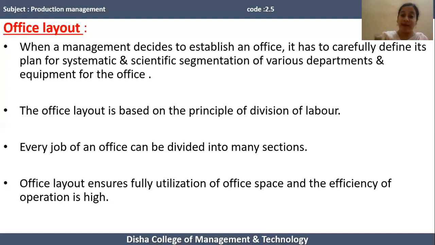It is required to identify where the different departments should be, and where the equipment should be installed, so that the office personnel can use these things in a most effective and efficient way. So the office layout is based on the principle of division of labor.